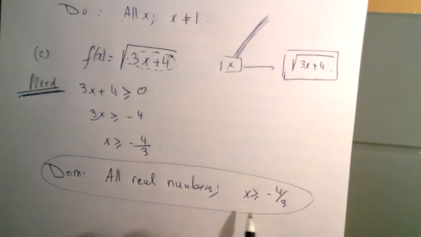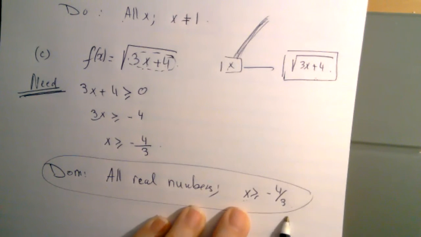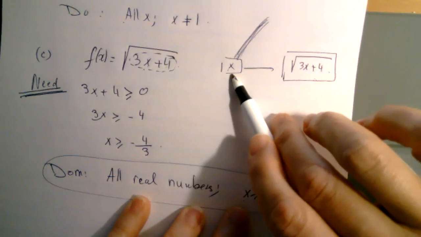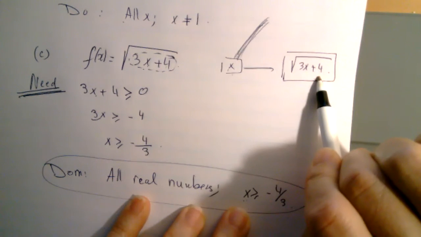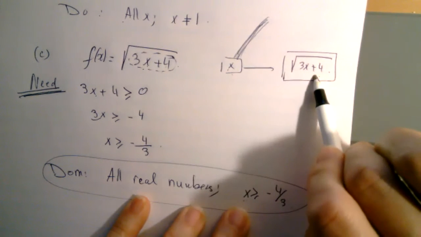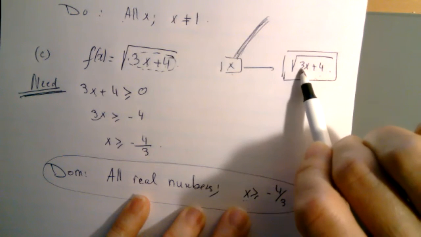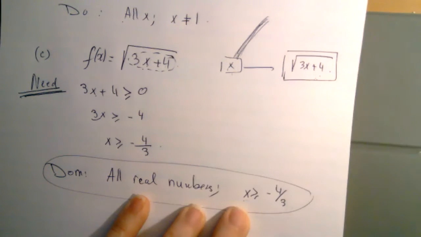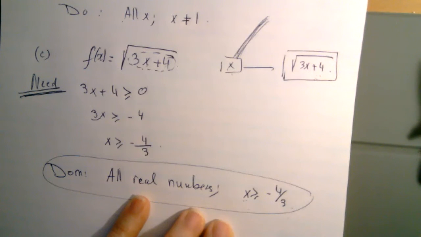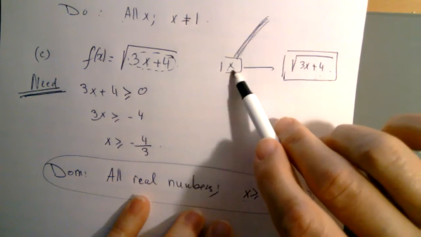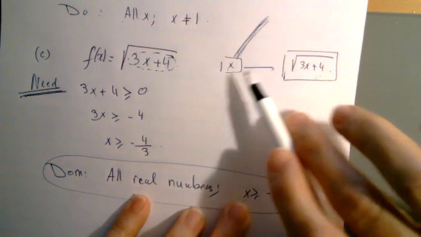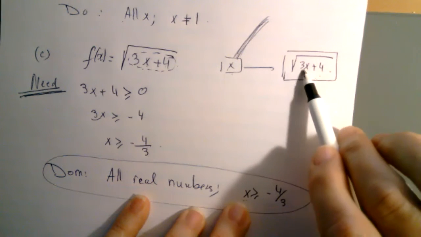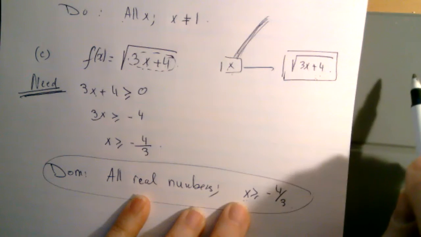If I plug in any number bigger than -4/3, the machine will give me something that makes sense. Let's try -1. 3 times -1 is -3 plus 4, that's 1. It's the square root of 1. There is no issue with that. If I give it 3, 3 satisfies this property. 3 times 3 is 9 plus 4, a positive number.